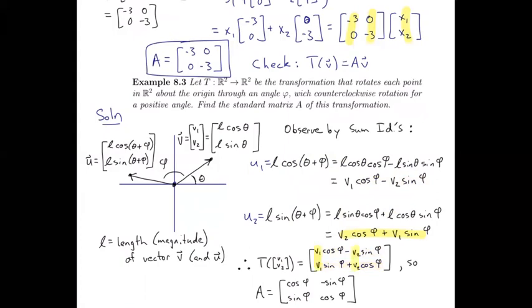Remember that phi might look like a variable, but it's some fixed angle that we're deciding to rotate this, or some decided upon parameter that we'll decide to rotate the vector V through. So these are the coefficients of V1 here, and these are the coefficients of V2. So if we write that coefficient matrix down, we have this matrix A, our standard matrix for the transformation T.